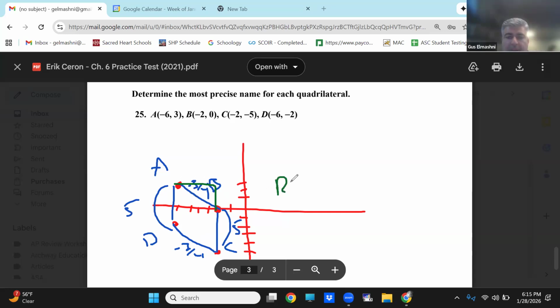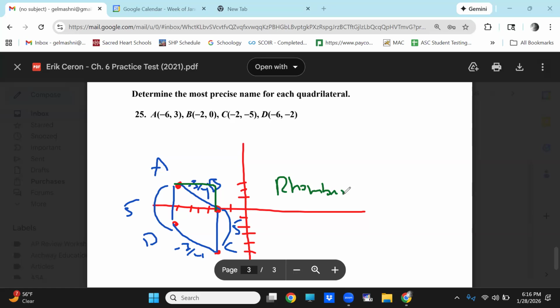You have to do the distance formula, which is basically the Pythagorean theorem. Okay. Yeah. Guess we're done.